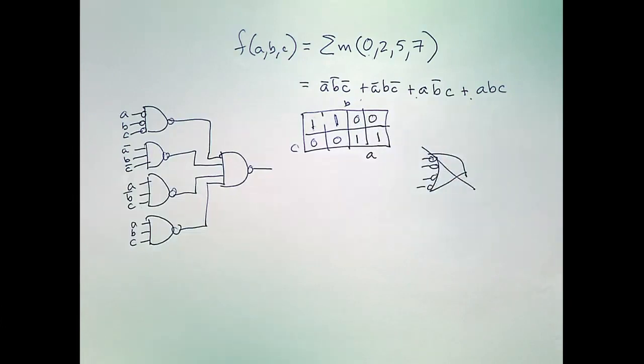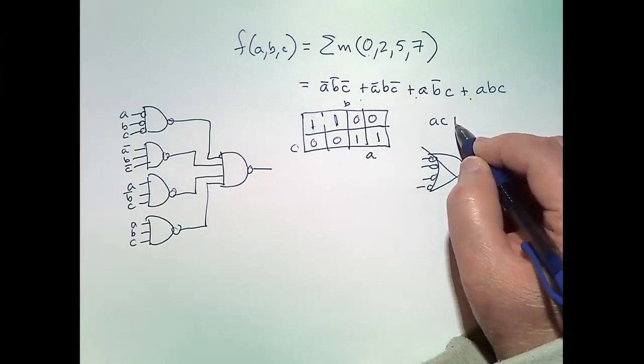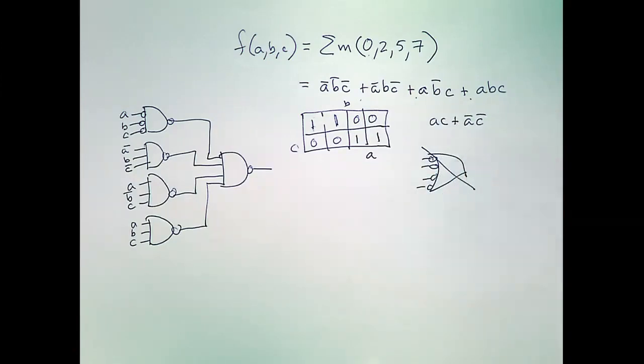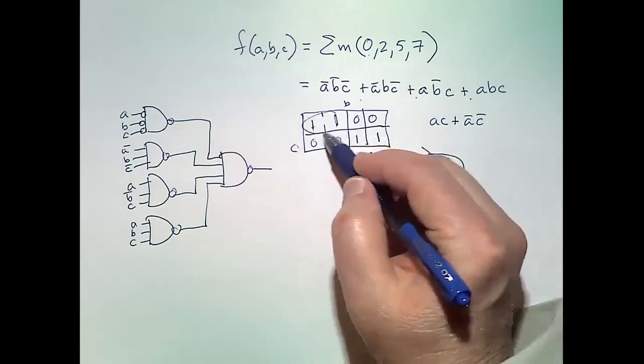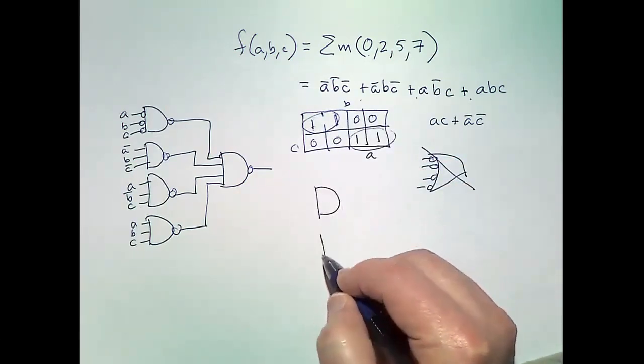And we come up with the expression AC plus A bar, C bar. Right? And so in this case, you could have a slightly smaller network.